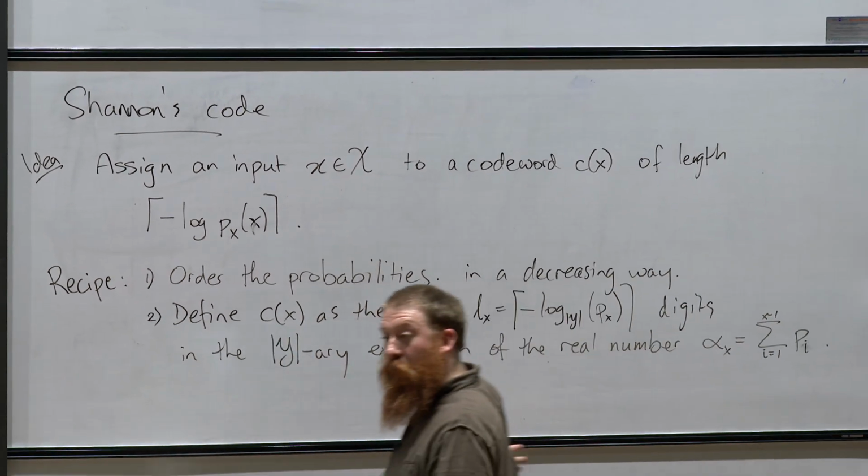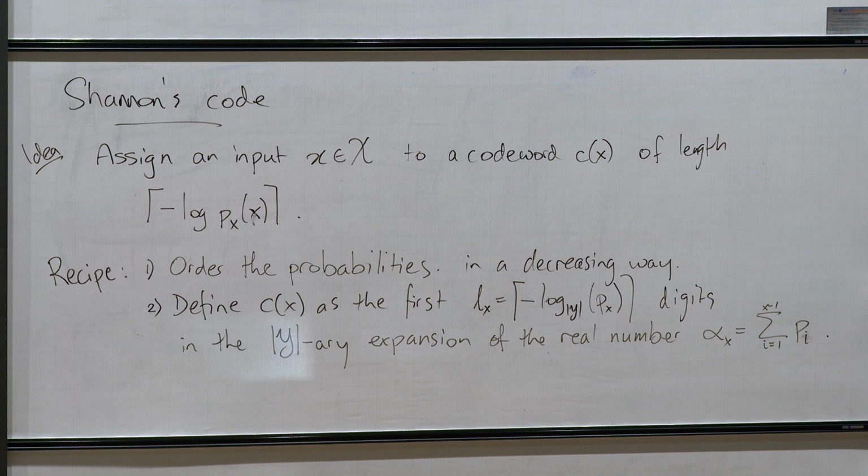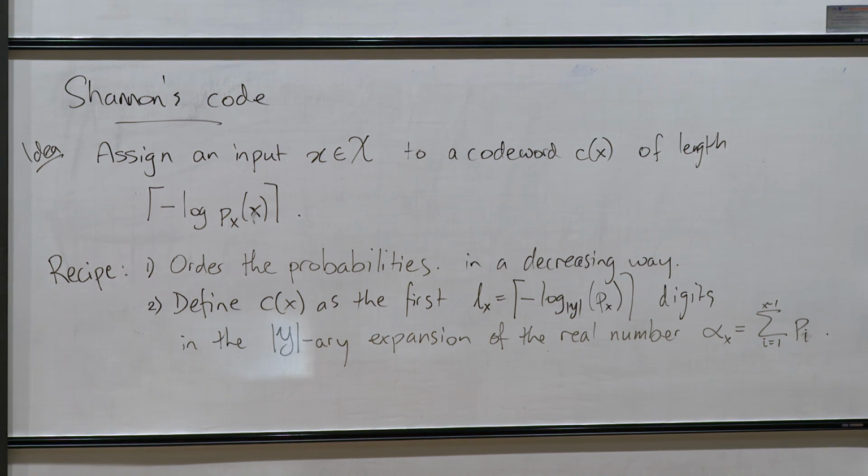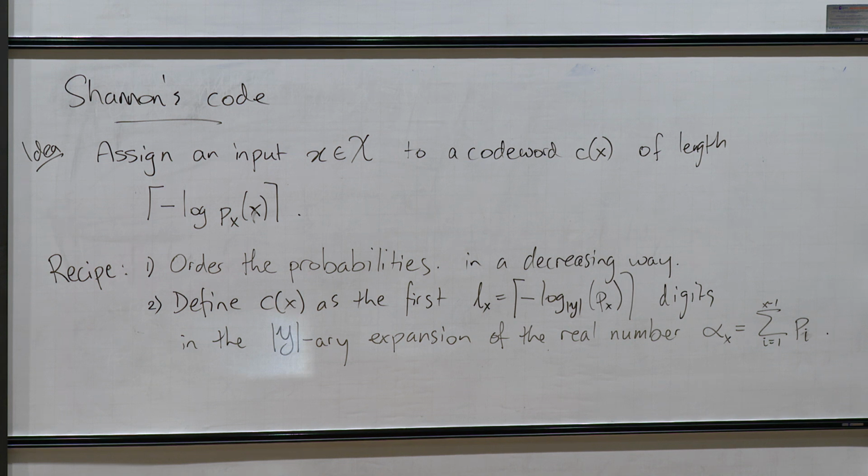And this is basically the construction we used in the Kraft-McMillan inequality. I'm not going to go through proving again that this is prefix. We already did that when we proved Kraft-McMillan.